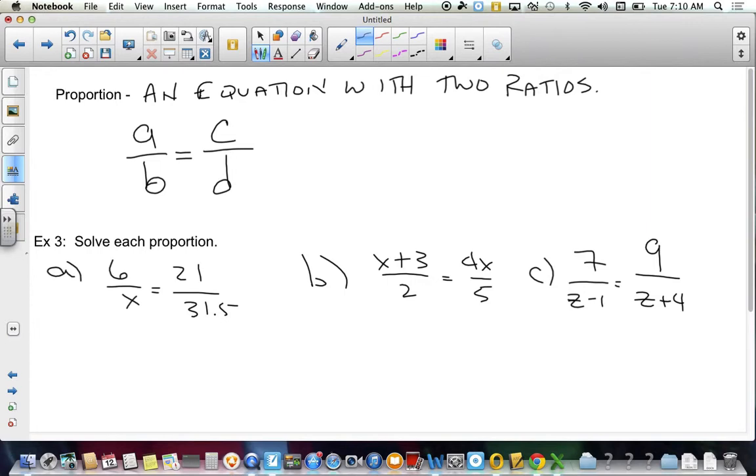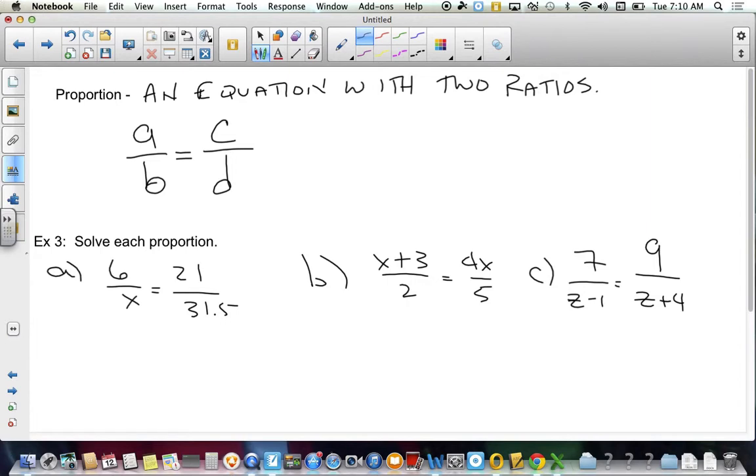Okay? So you've solved them before, back in middle school, in algebra. So let's go back and just revisit real quickly, how do we solve a proportion? So here's 3 proportions I got set up. We want to talk about how to solve these.